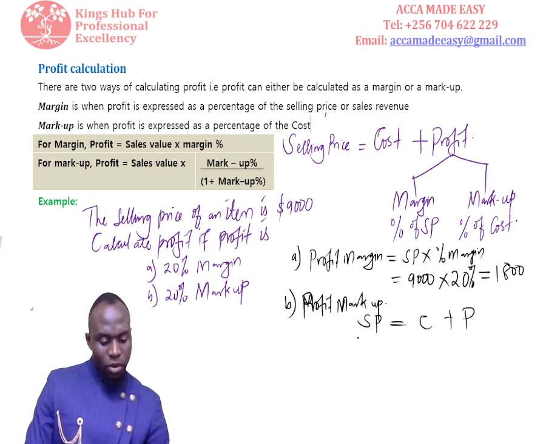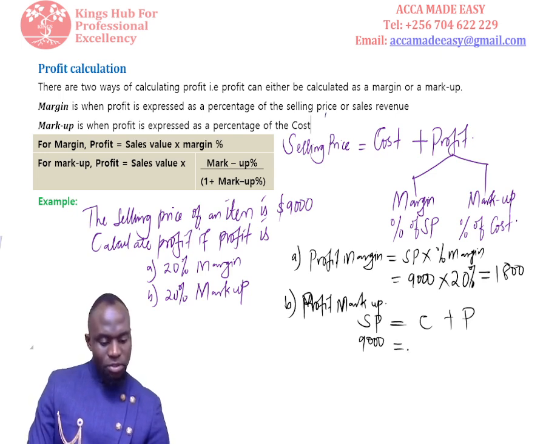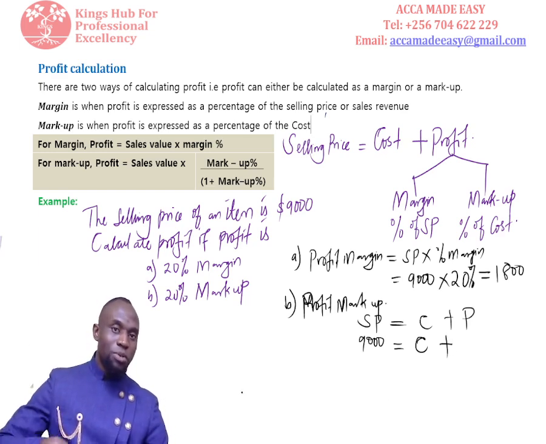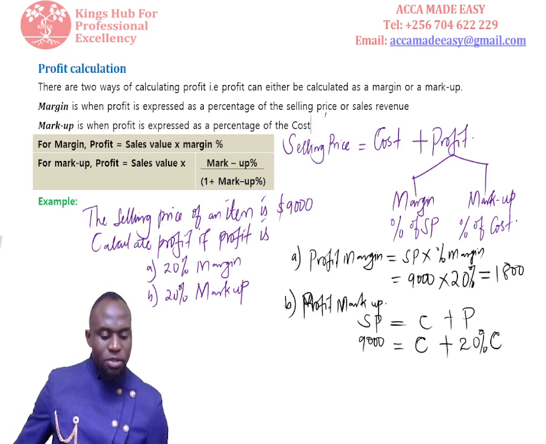The selling price is given as 9,000, so this is equal to cost, which we don't know, so I can call it C, plus profit. Markup is when profit is expressed as a percentage of the cost, so this would be 20% of the cost.